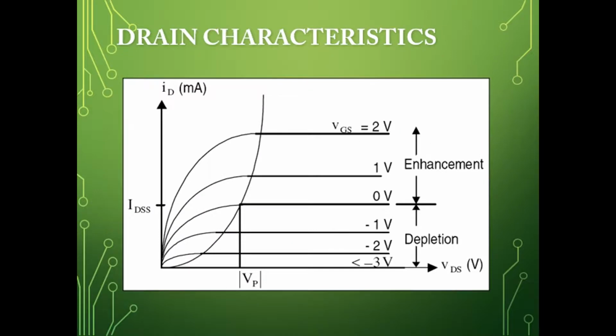So this is the drain characteristics, or otherwise called the output characteristics of a depletion type MOSFET. So we have seen VGS, even if it is 0, the MOSFET conducts. If VGS is made positive also, the MOSFET conducts but the drain current will increase, and if VGS is made negative also, it will conduct but drain current will start decreasing.